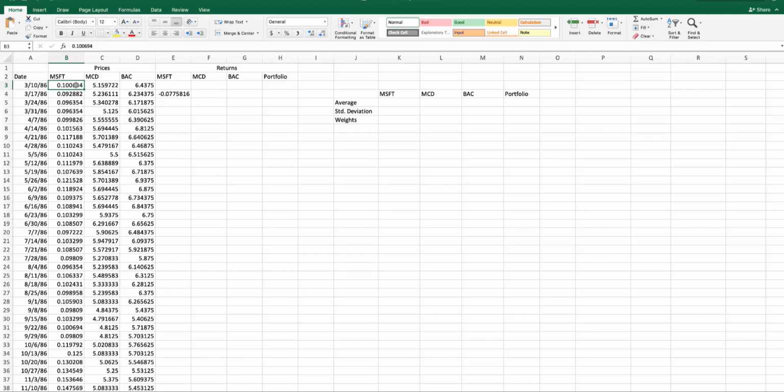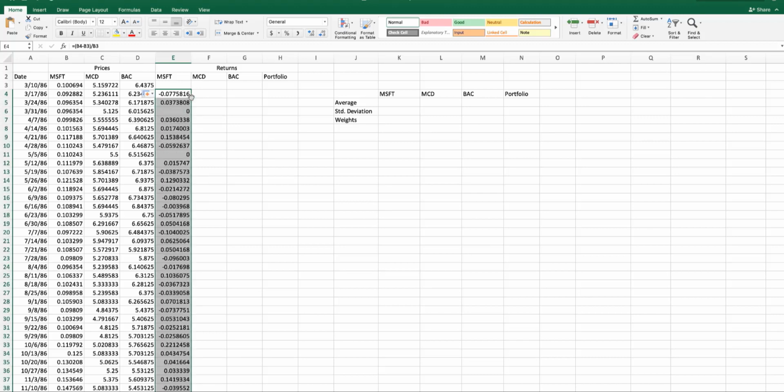So you can see that the price dropped. It was 10 cents, and that went down to 0.092. There was a negative return of 7% for that week. Right?